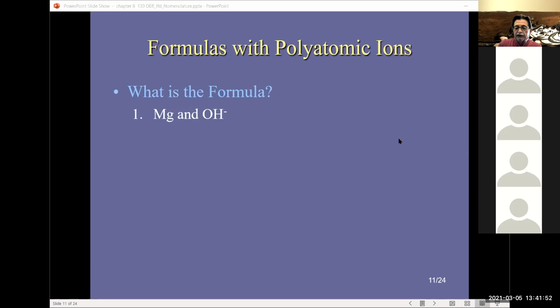So polyatomic ions. We briefly mentioned those earlier, about the table, okay? If we need more of these, we're going to use parentheses. So if we look at magnesium and hydroxide, OH, that is a polyatomic ion. We're also given the charge of the polyatomic ion, which is -1.